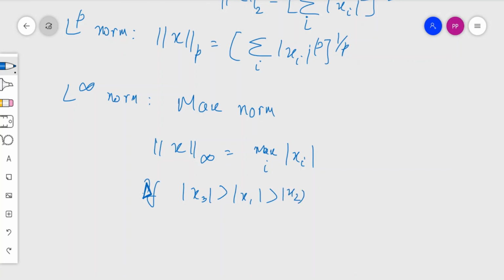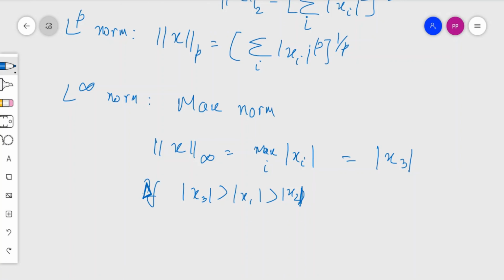In that case, we have the infinity norm as mod x3. So this is how we find the L infinity norm and make use of it.